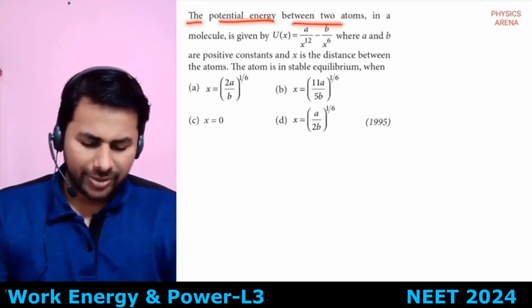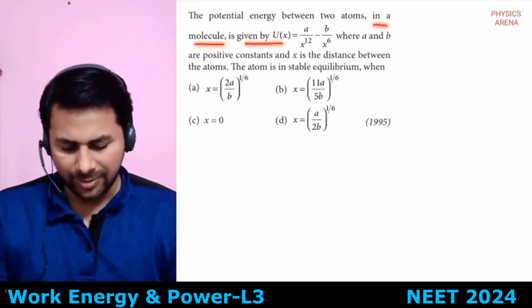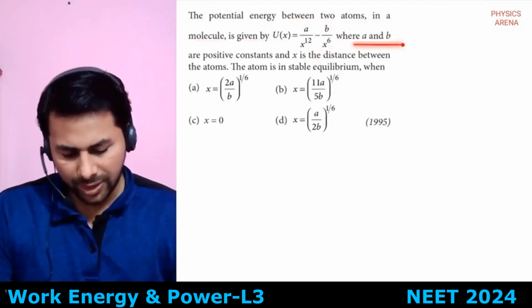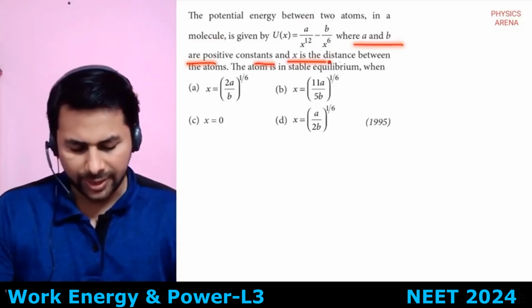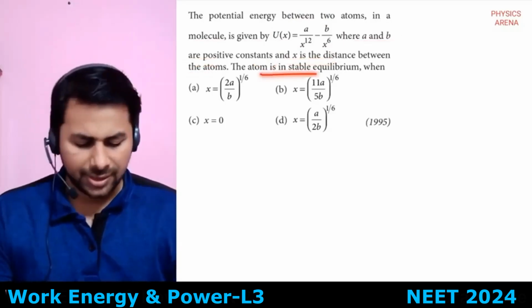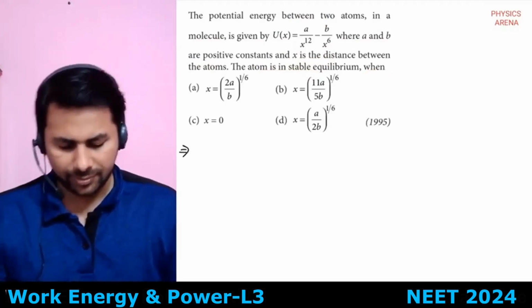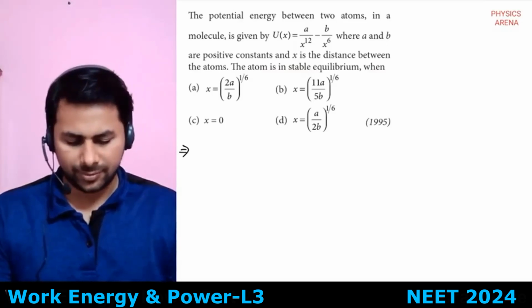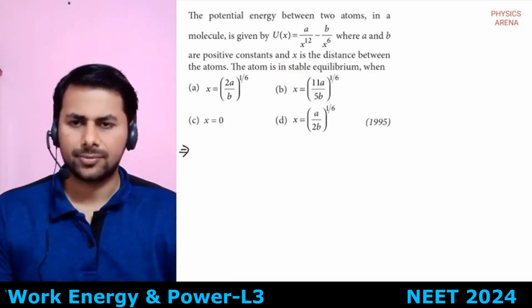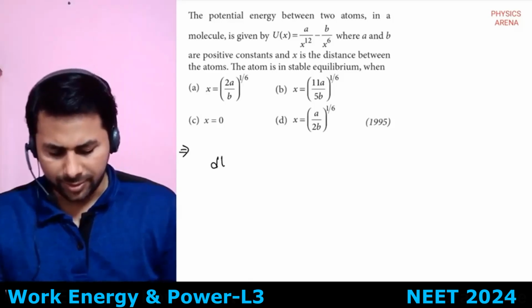The potential energy between two atoms in a molecule is given by this formula, where A and B are positive constants and x is the distance between the atoms. The atom is in stable equilibrium when? dU by dx is equal to 0.